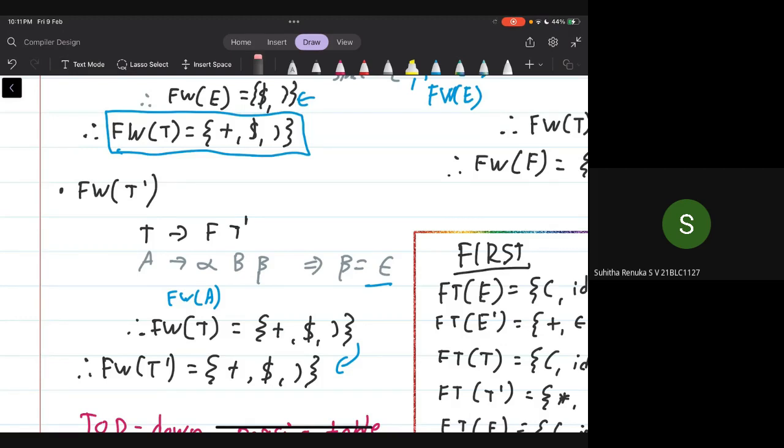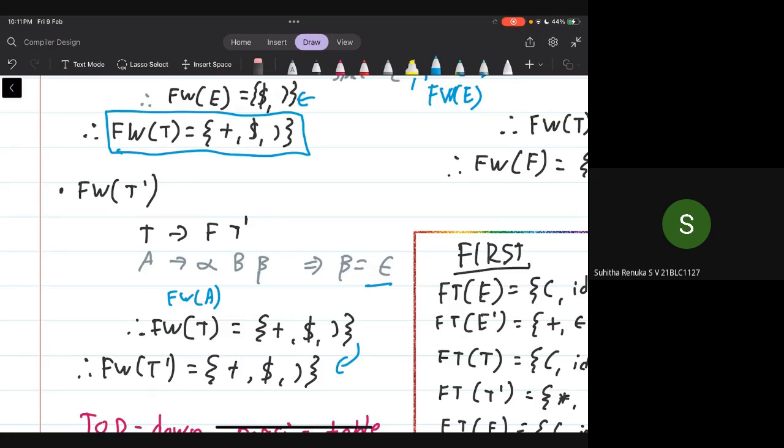So since beta is equal to epsilon, you take follow of A. Follow of A is T. So follow of T is plus, dollar and closing bracket. So follow of T dash equals plus, dollar, closing bracket. Okay, A is equal to T, alpha is equal to F, B is equal to T dash, beta is equal to epsilon.